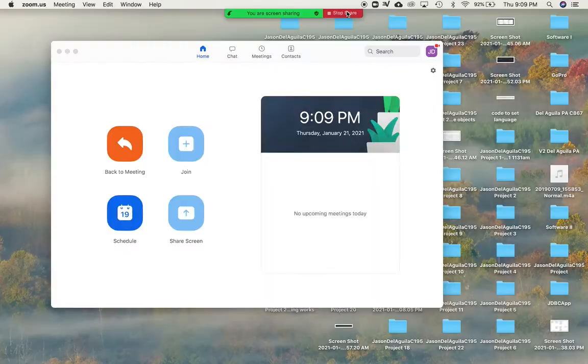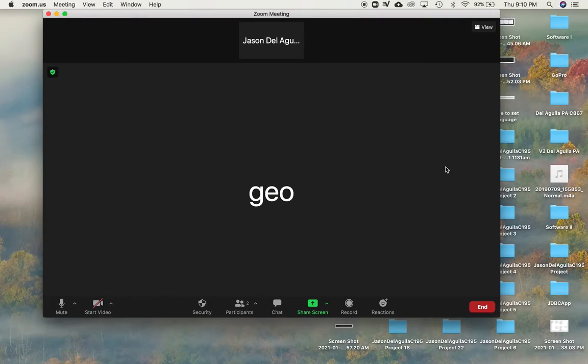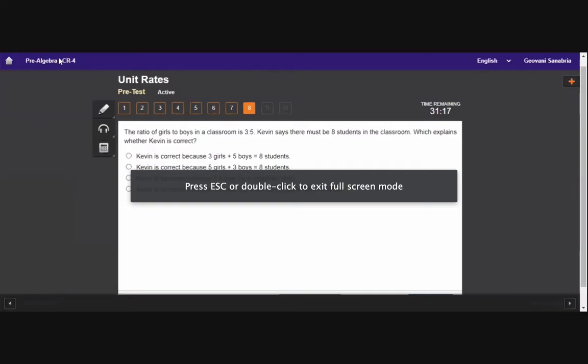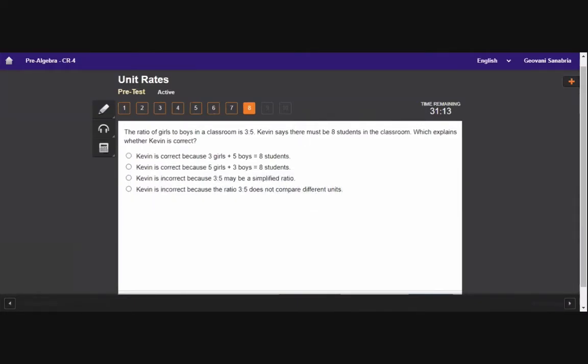What does it say? Which explains whether Kevin is correct. So he's incorrect because there doesn't have to be 8 students. Kevin says there must be 8 students, but that's not true.